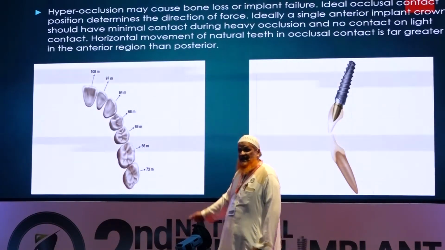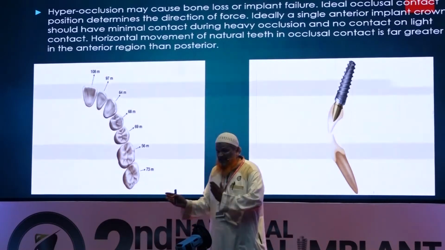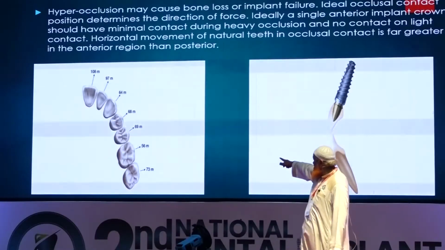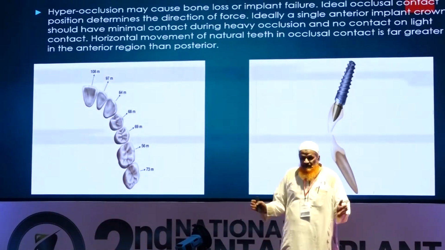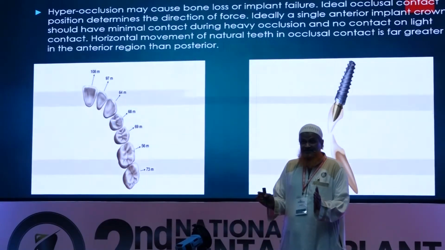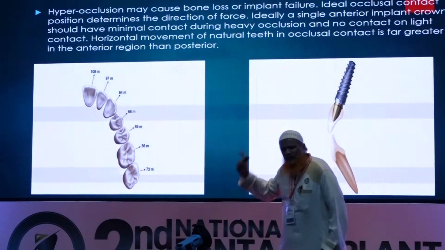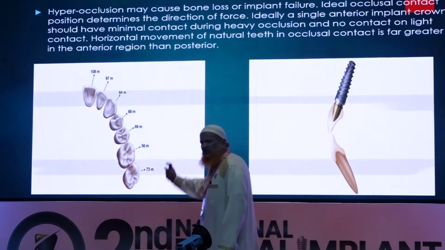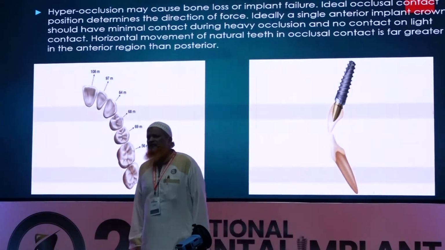We can see that the anterior teeth have more mesial distal movement. The central incisor is 108, lateral is 97, and the canine is 64, but the molar is 56. So if one implant is placed in the anterior teeth, what will happen?